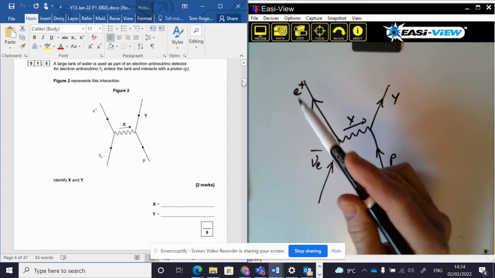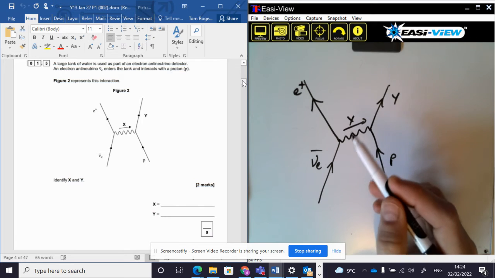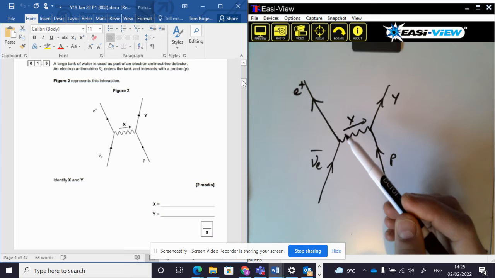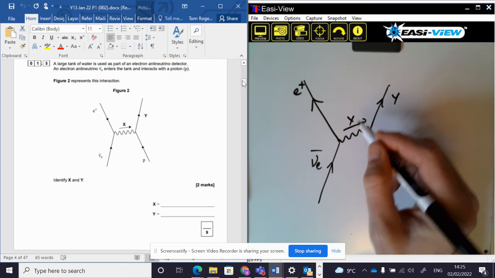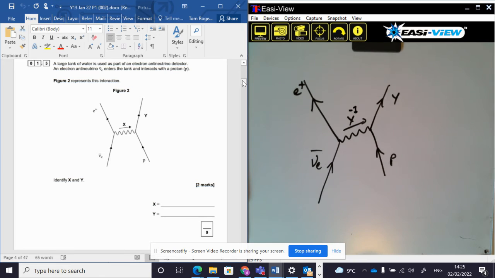So lepton number's fine here. This doesn't have a lepton number, doesn't need to have one, but charge isn't conserved. We're going from 0 charge to a +1 charge, and the only way that we can have that conserved is that this thing must have a charge of -1.